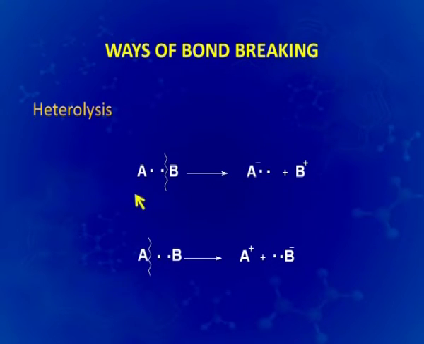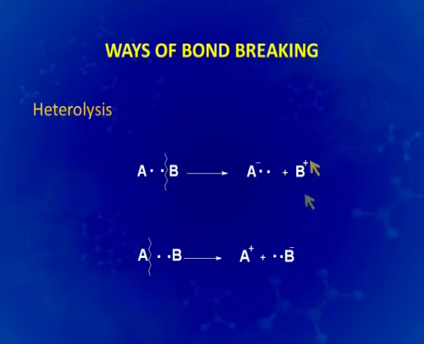What happens as a result of this heterolysis is that A gets the shared pair of electrons and gets a negative charge on itself, whereas the B atom does not have that shared pair with it, so it is left with a positive charge.